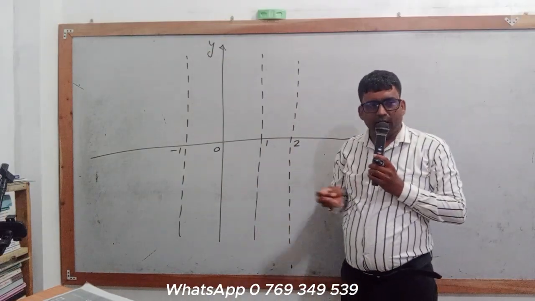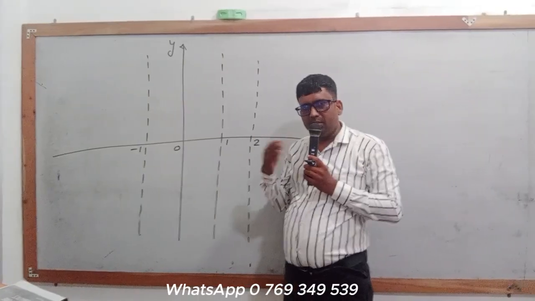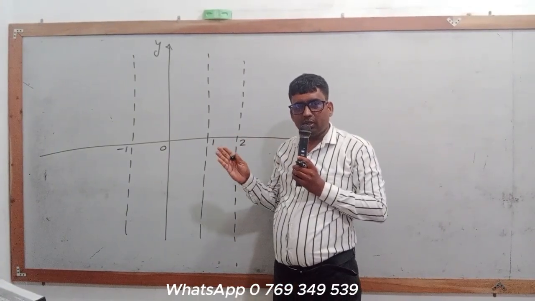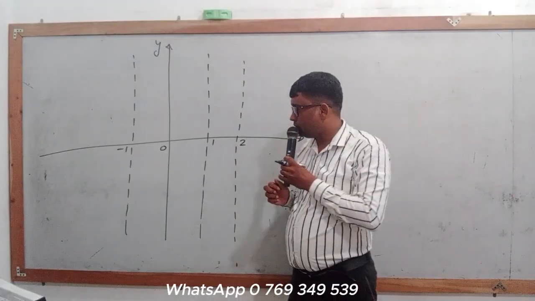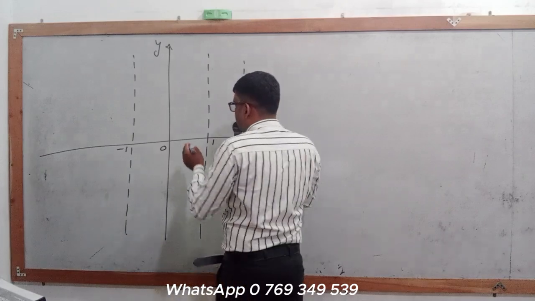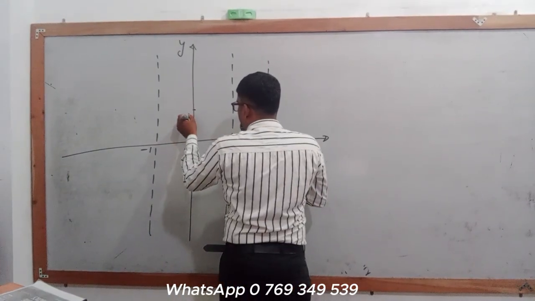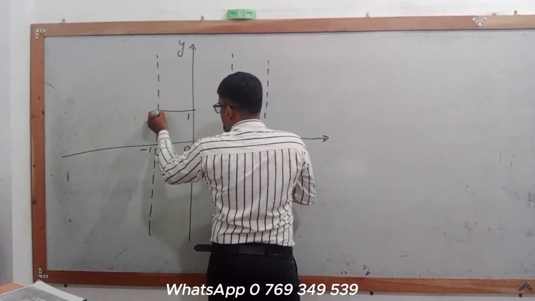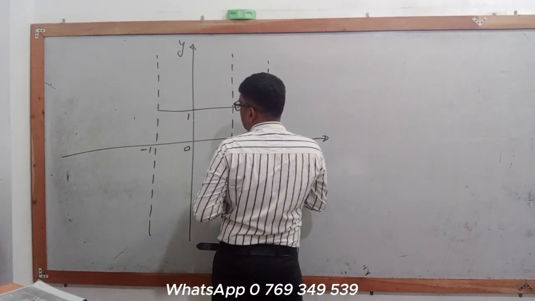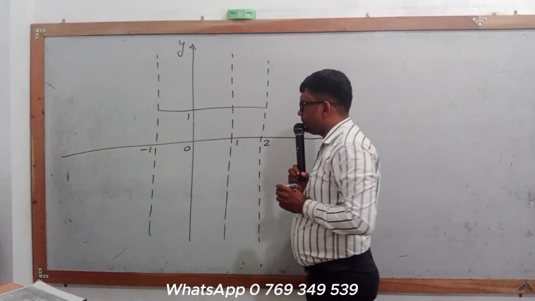And take the middle range. The middle range is f(x) equals 1 for minus 1 to plus 2. We can take 1.